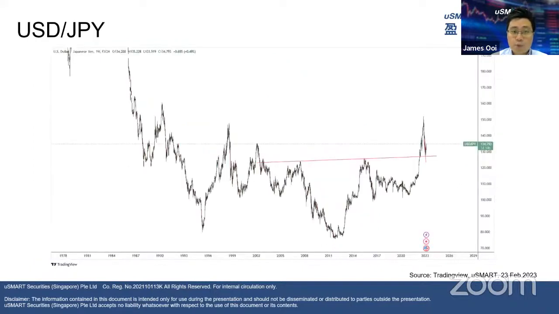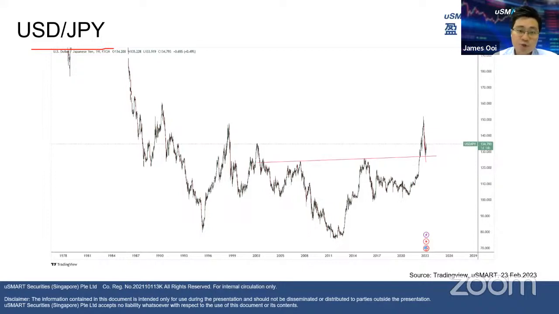And we may also want to look at USD yen. So it's one of the most popular currency pairs, but I often feel that it's tough to enter a new position at the moment. So to understand USD yen, you want to zoom out a little bit.